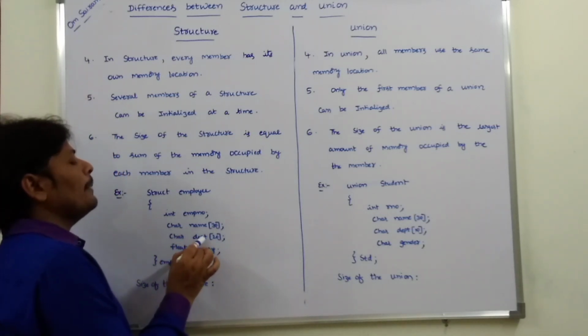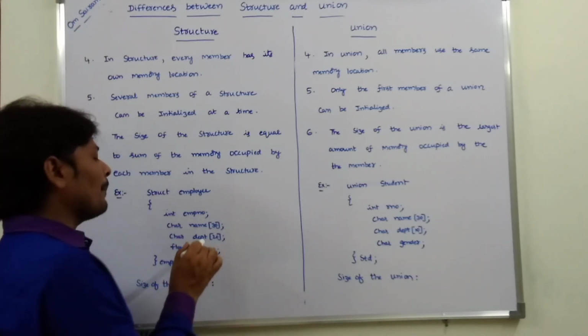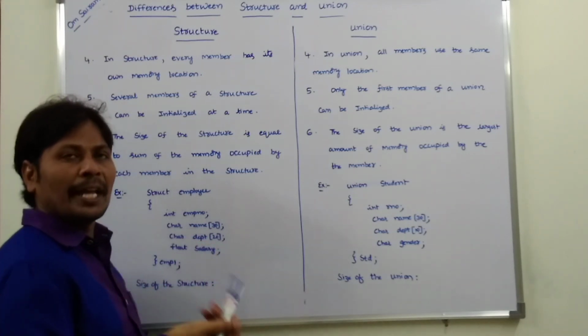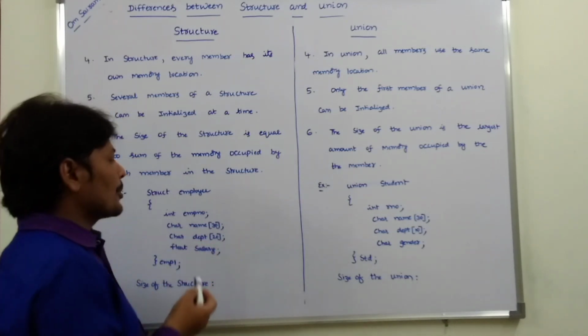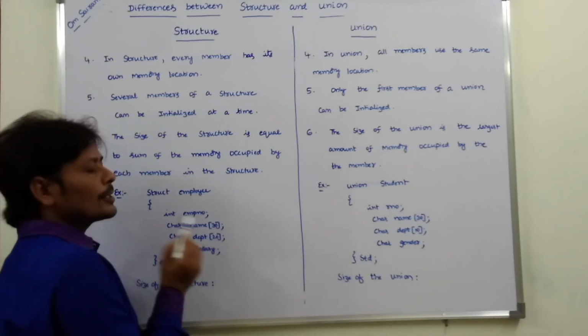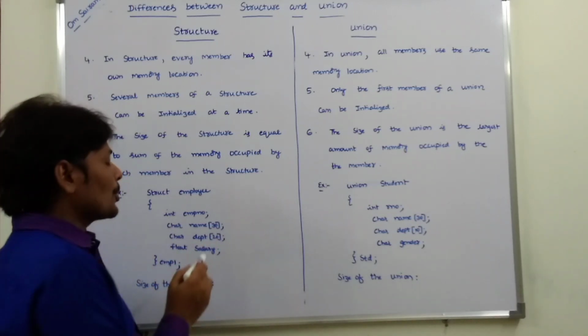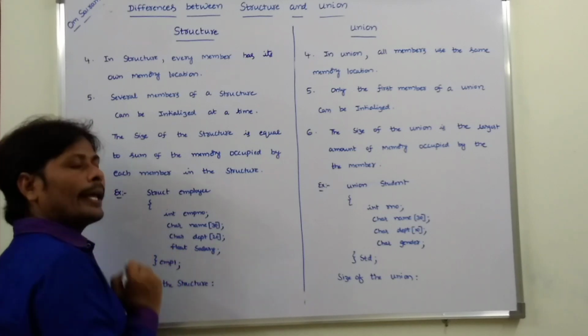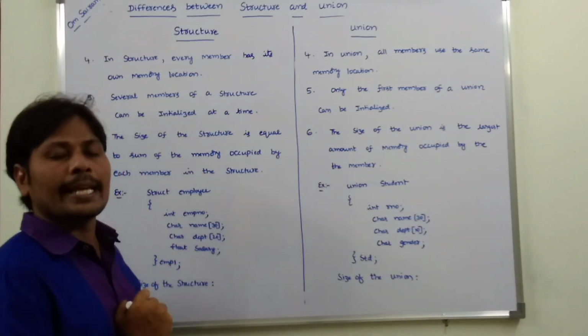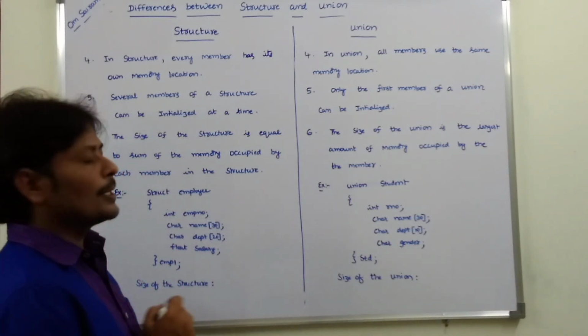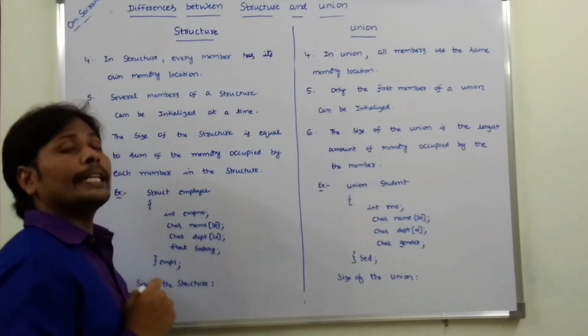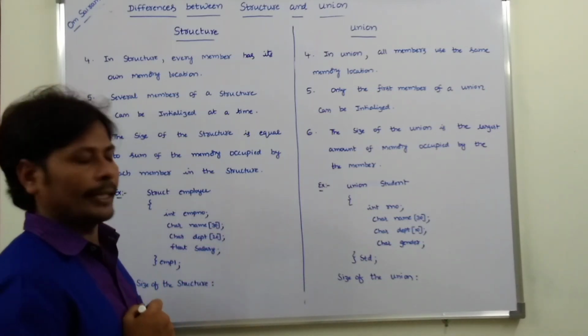Next, char dept of 20: the department name is characters, the array size is 20, data type char, so 20 into 1, 20 bytes of memory is allocated.